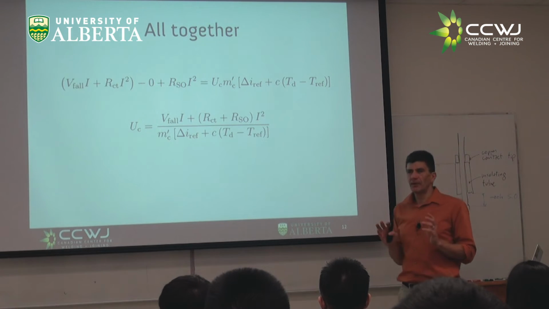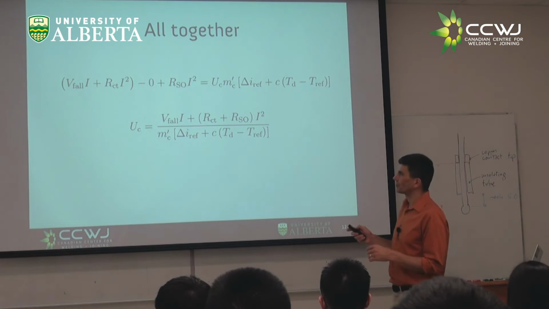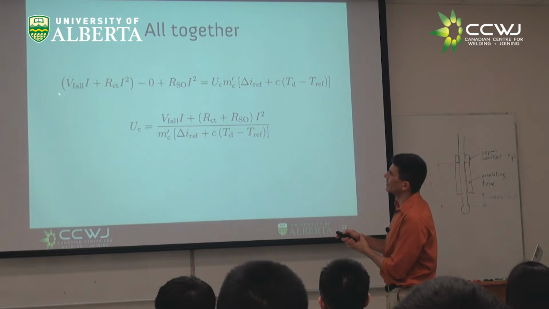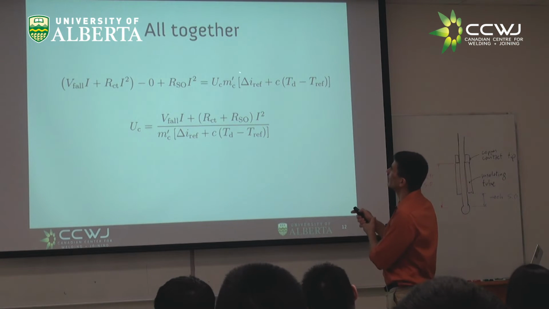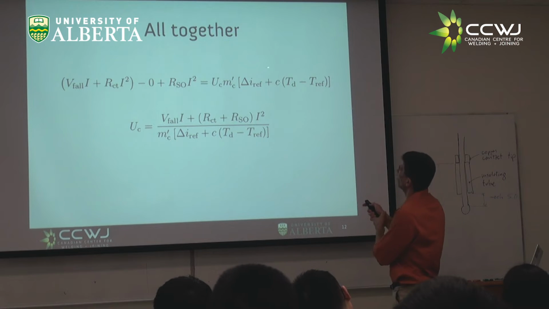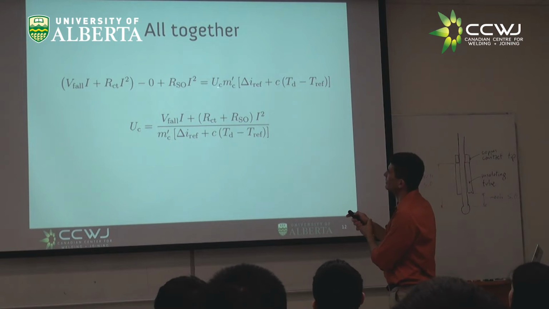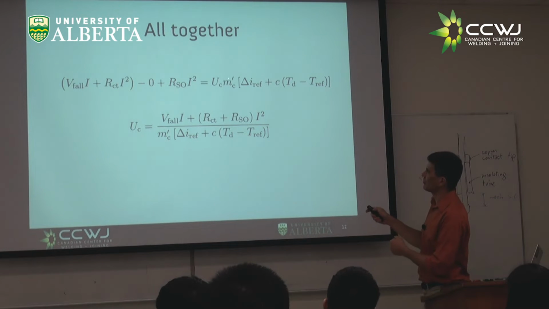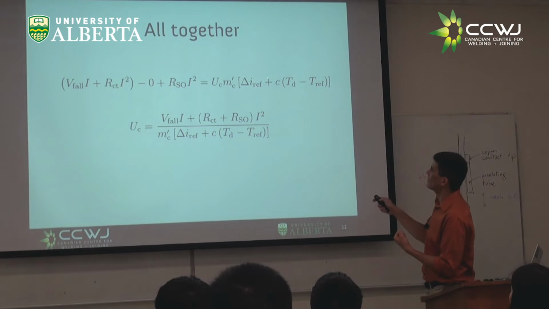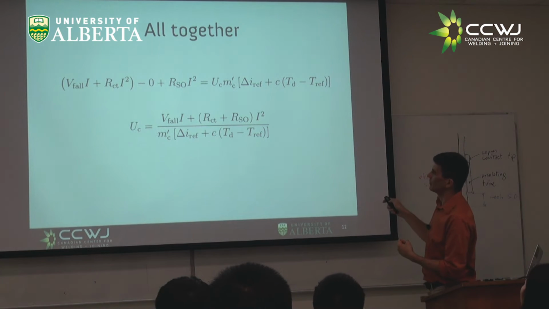Now, if I put all this together, I would have heat in minus heat out plus heat generated equals heat stored, right? This is wire feed speed times linear mass of the wire times the enthalpy, right? These together are kilograms per second times the enthalpy, right?